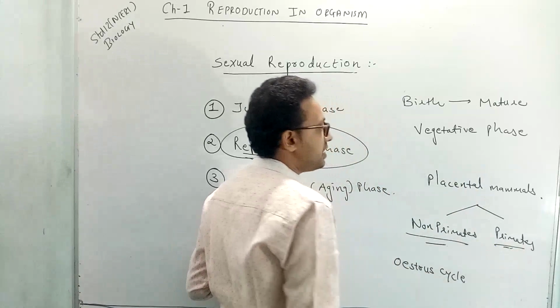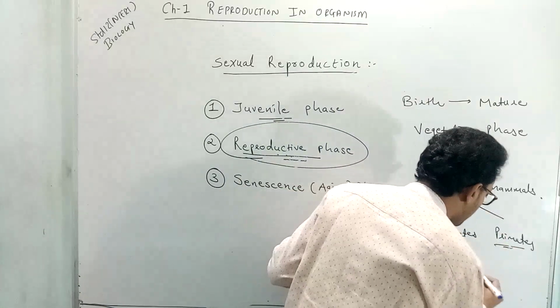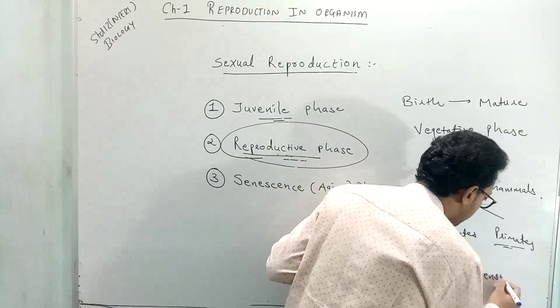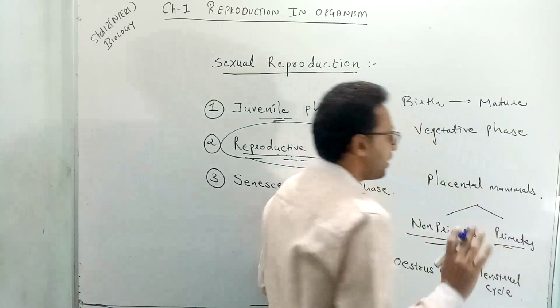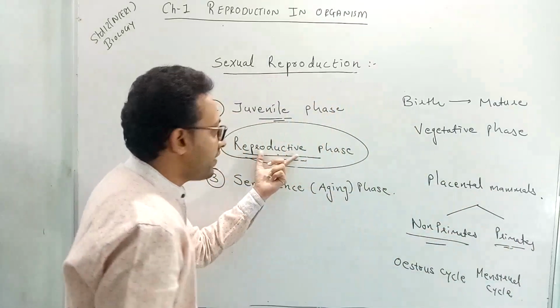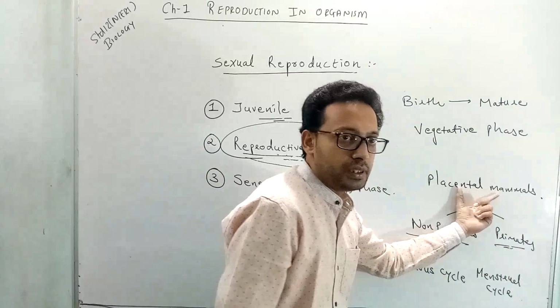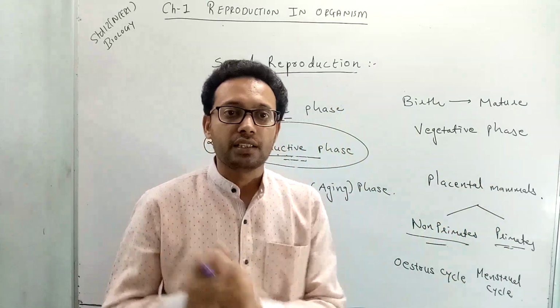And the cyclical changes in the primates of placental mammals are called the menstrual cycle. Clear, students?